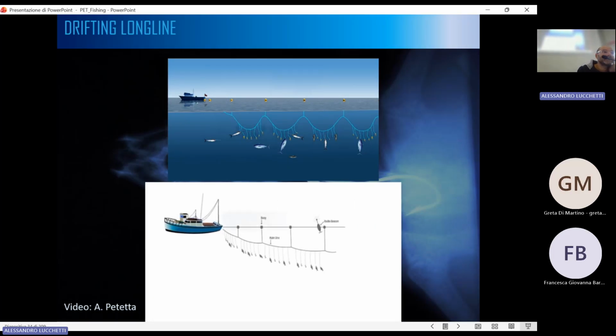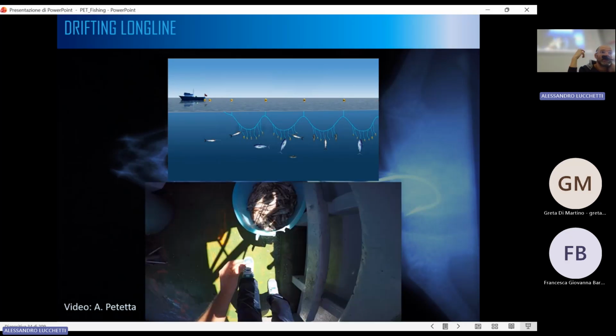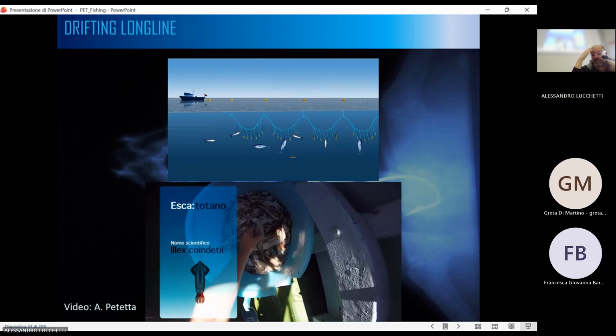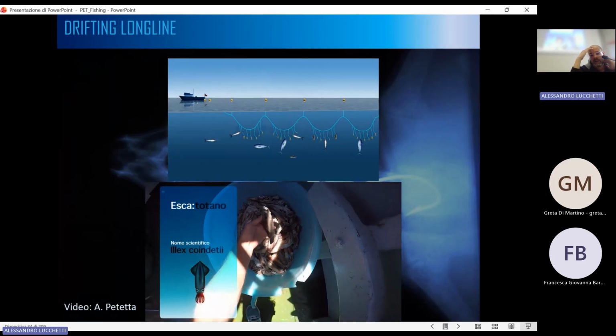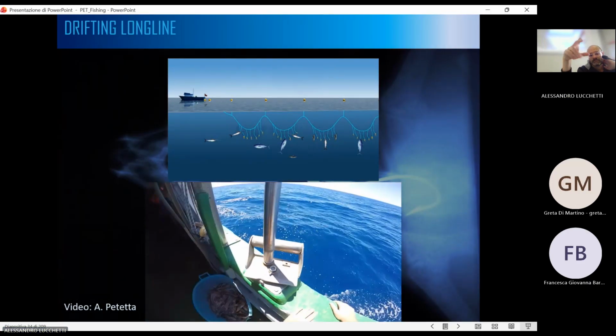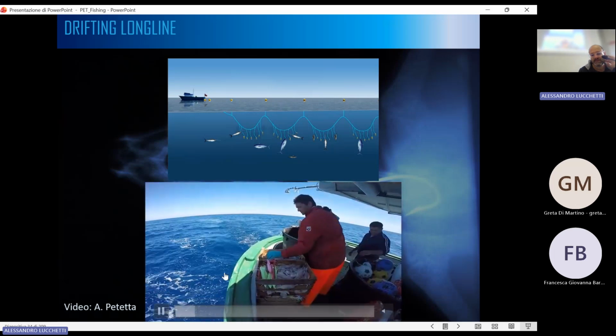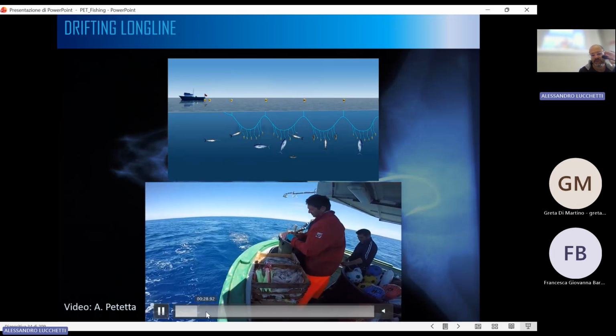Several thousand hooks, very large hooks, used to catch basically swordfish, bluefin tuna, and albacore. This is the bait, and this is how it works.